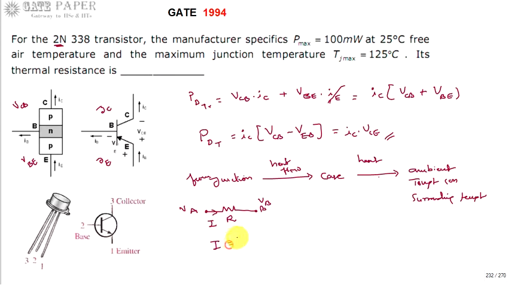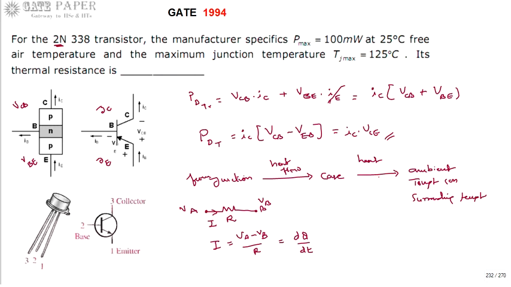Current can be written as VA minus VB divided by R. Current is the rate of change of charge, dq by dt, and it is proportional to the difference in voltages at the nodes and inversely proportional to resistance.